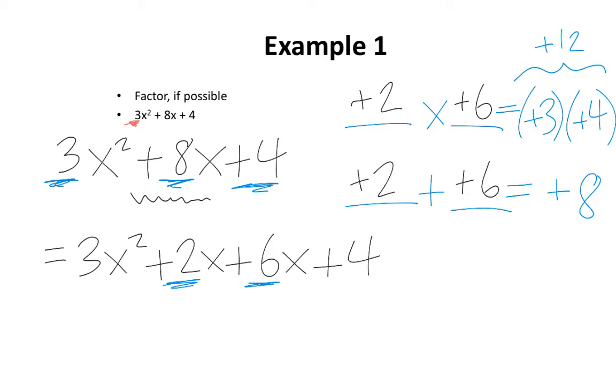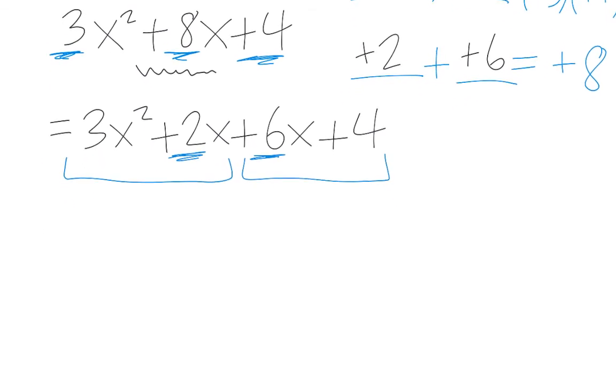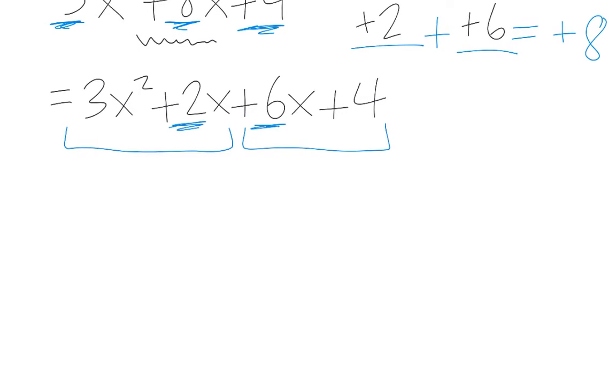So what we're going to do now is a little bit of group factoring. You're going to separate these two terms from these two terms, and then you're going to find a common factor for these two groupings. Let's go ahead and do that.